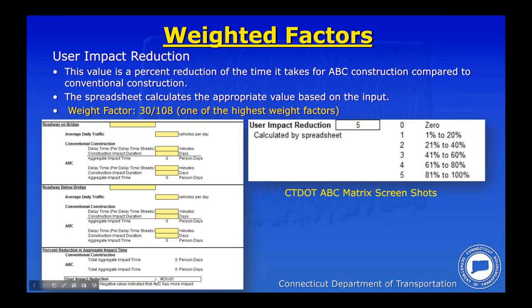The equation here is 1 minus the ABC impact time divided by the conventional impact time. So the project gets a rating from 0 to 5: a very low number, 1 for a 1 to 20% reduction for ABC, entered by the spreadsheet, up to 5 if it's 81 to 100%.